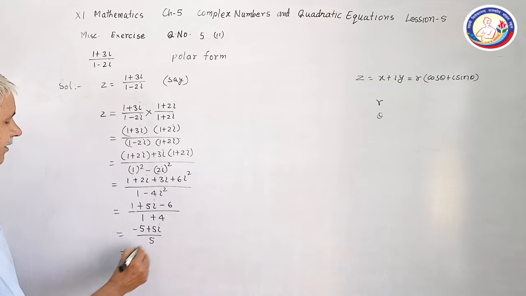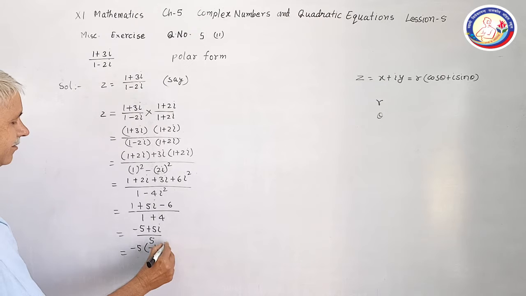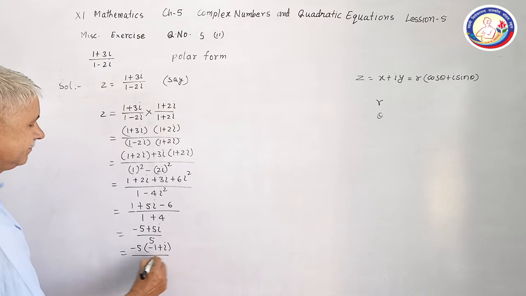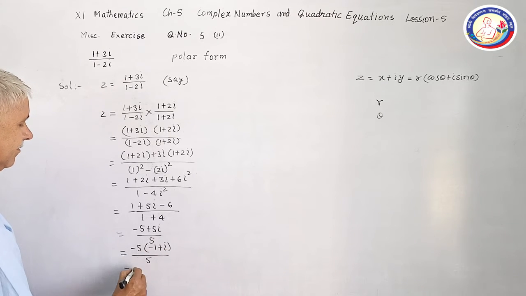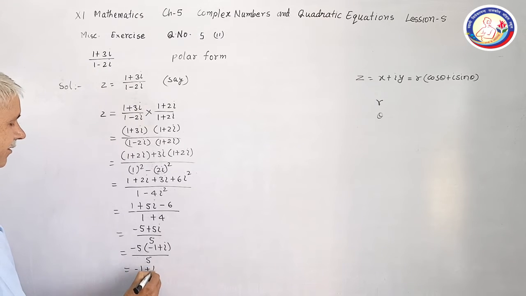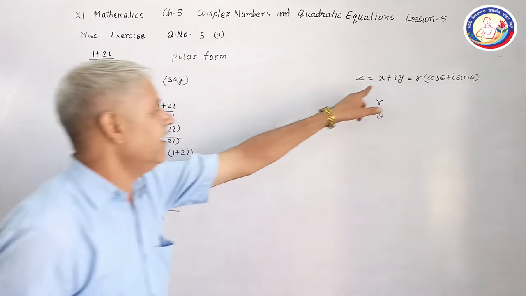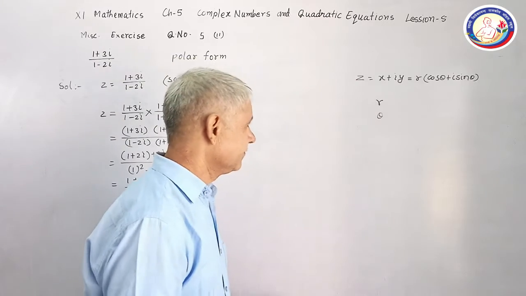And on simplification, we will have minus 5 common here, minus 1 plus iota. This will give us simply minus 1 plus iota. This is the simple form, or it is x plus iota y form.